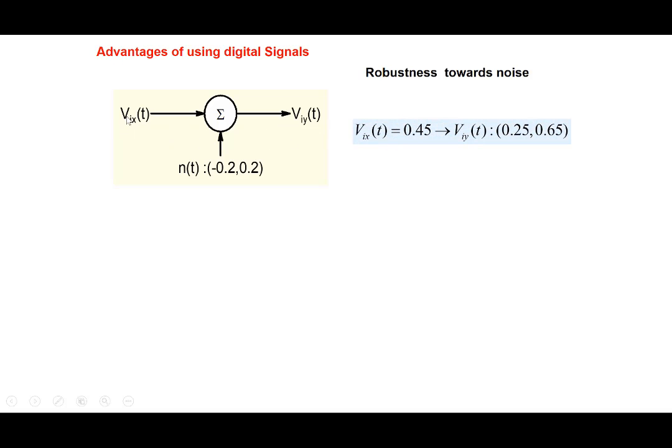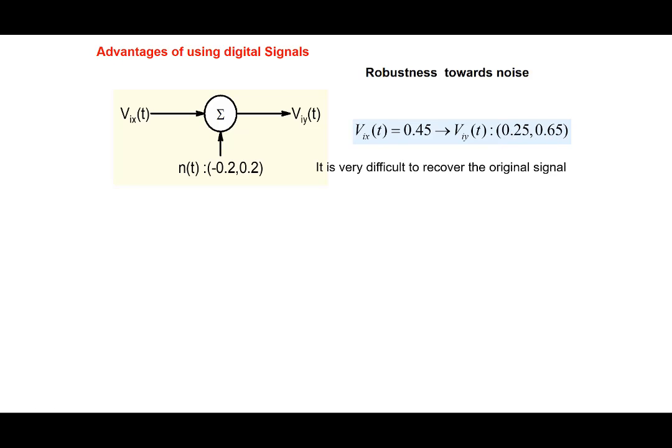So suppose our original signal was 0.45 volts, and it gets corrupted by noise which lies anywhere between minus 0.2 to plus 0.2. Well, then after addition of noise like this, the final signal would lie, depending on the magnitude of the noise, anywhere between 0.25 to 0.65.